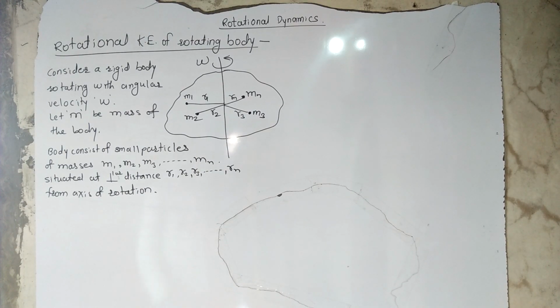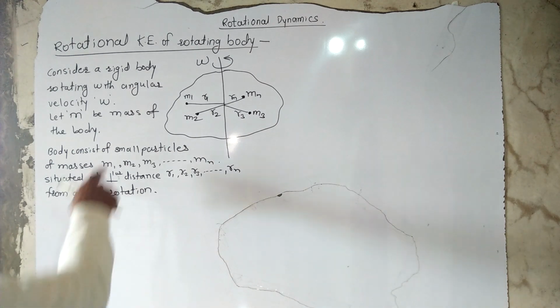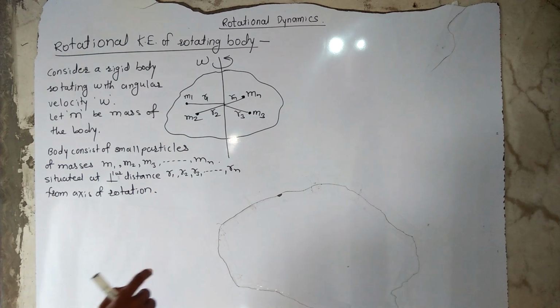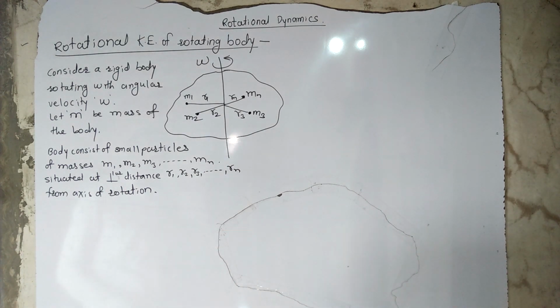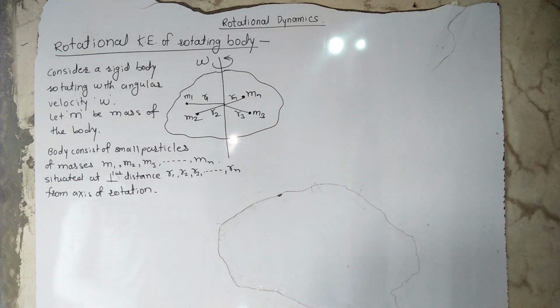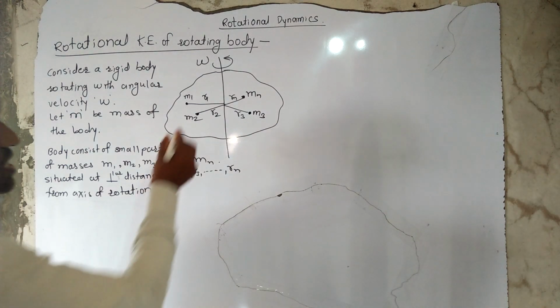As the body is rotating with angular velocity omega, each particle of the body is also rotating with the same angular velocity omega. The angular velocity of each particle will remain the same, but the linear velocity or translational velocity of the particle is different.